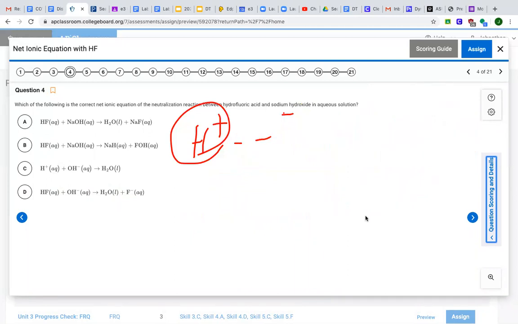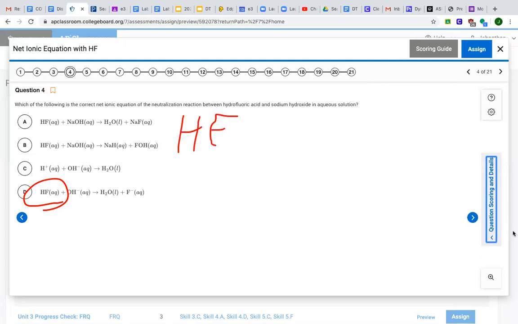So let's go back through that one from the beginning. You've got HF aqueous, right? It's dissolved, but for the most part, it's not ionized. Some component of it does ionize, but most of it's not ionized because it's a weak acid. It's not a strong acid. So that's the issue.